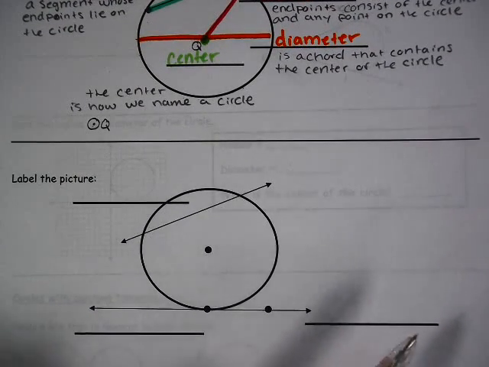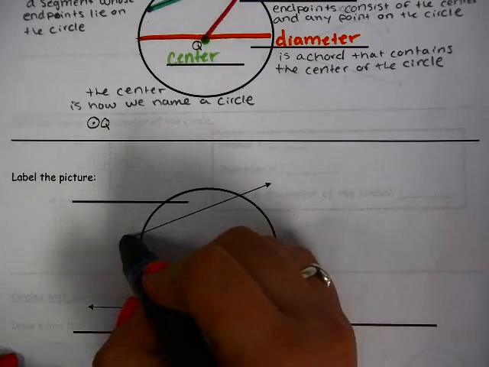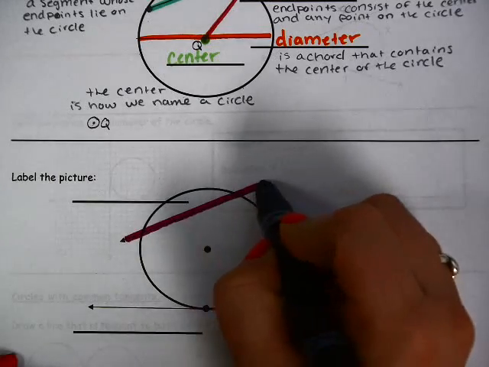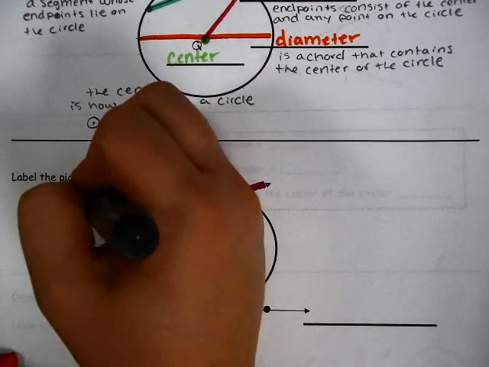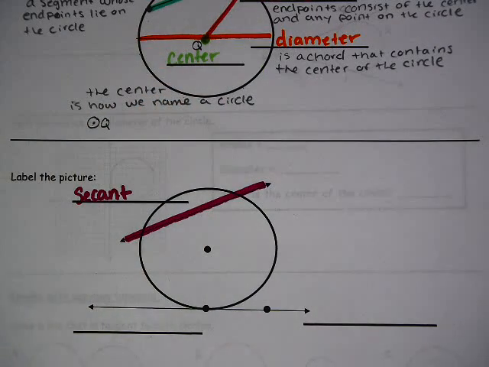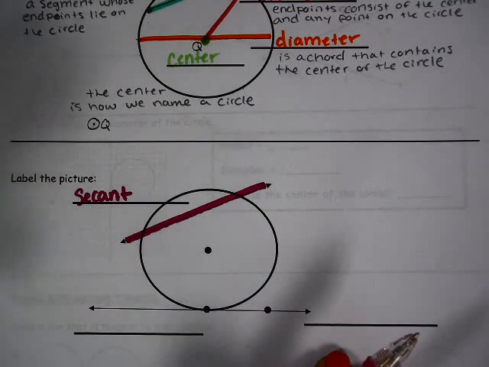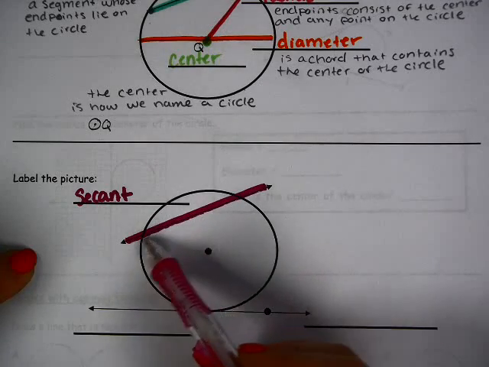We have a few more vocab words that we're going to be digesting here. This line right here is what's known as a secant. It might look similar to a chord, but there is a difference. The difference is that a chord is a segment, whereas a secant is a line.